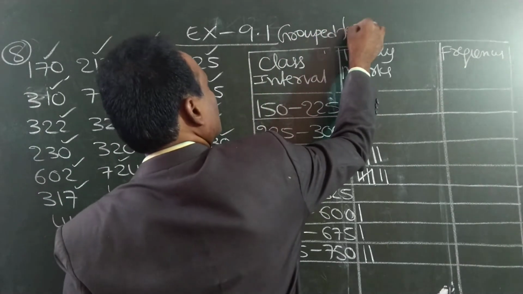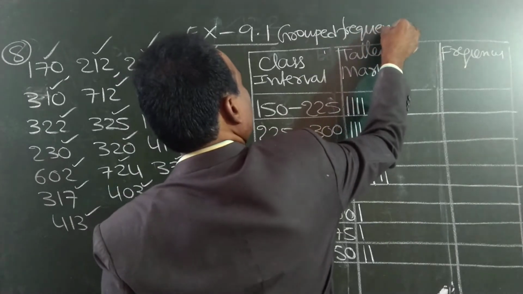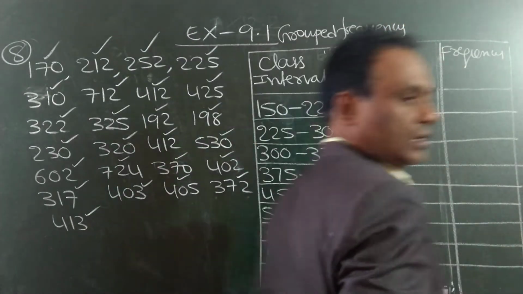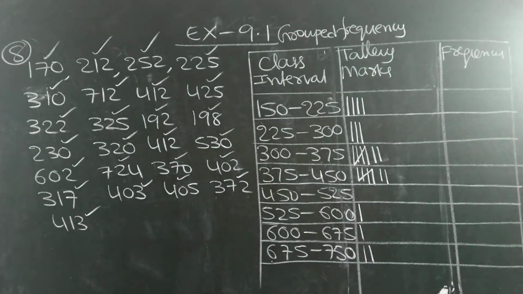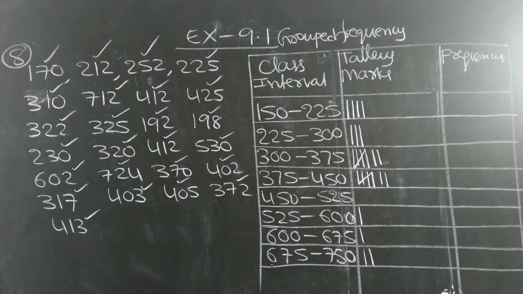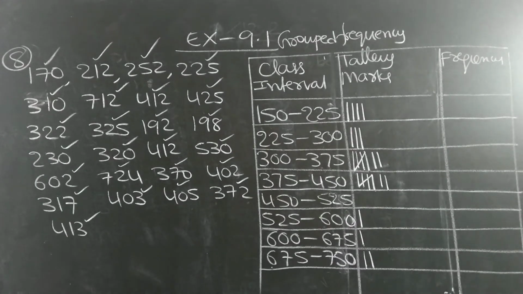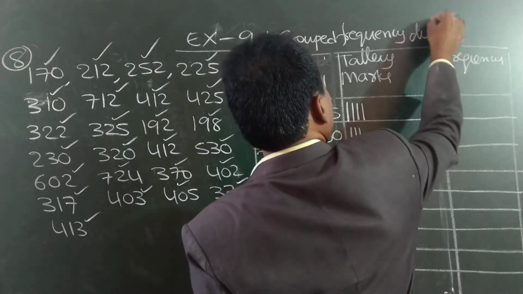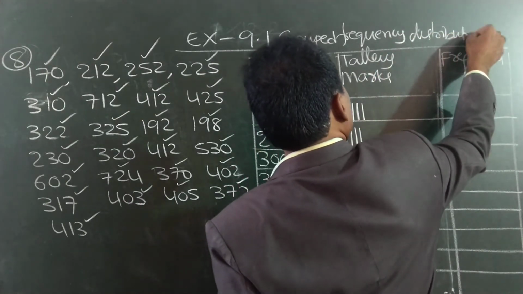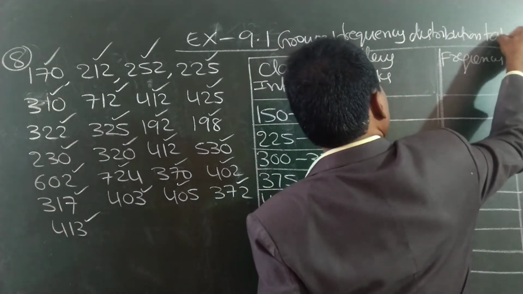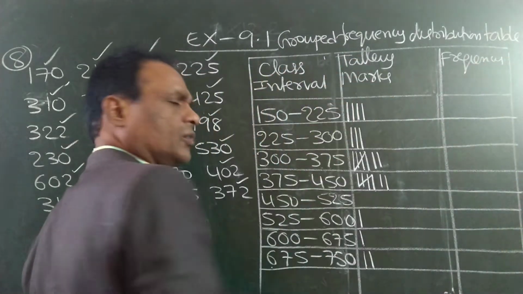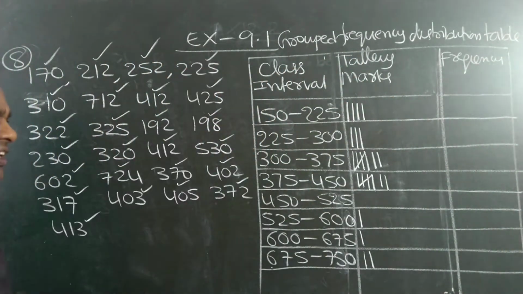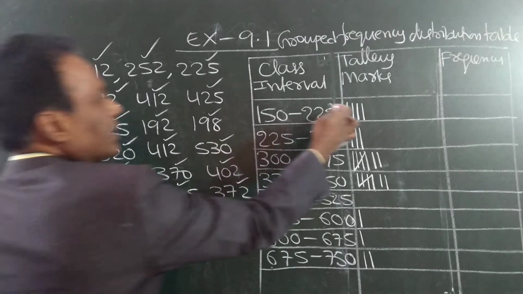Grouped frequency distribution table. That's all. Prepare the class intervals. Write down the tally marks.